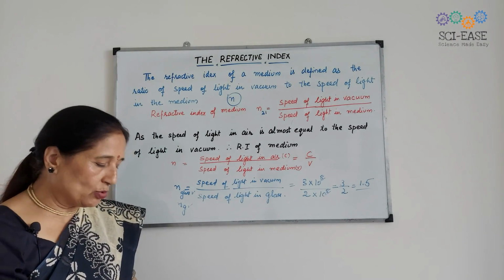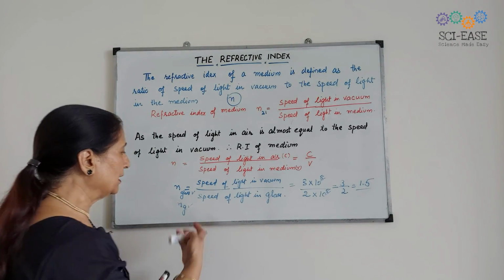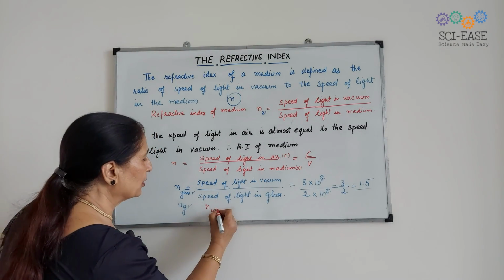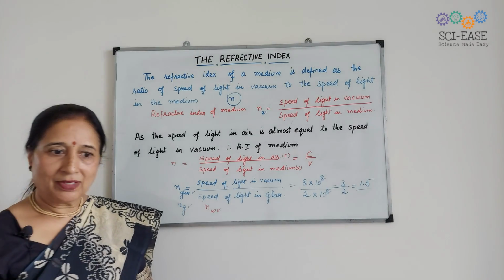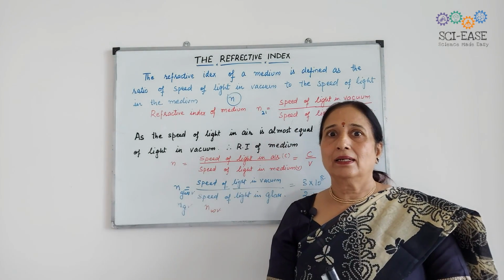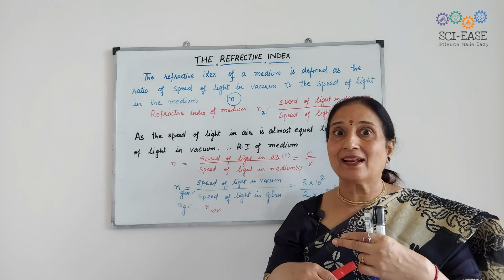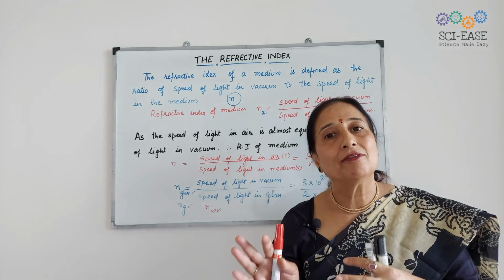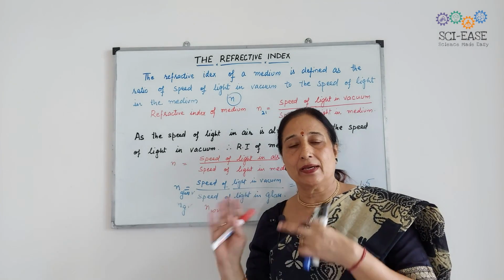When you are to calculate the refractive index of water, then NW. No need to write NWV, because it's understood that the second medium with which we are comparing the speed of the light is the vacuum or the air.